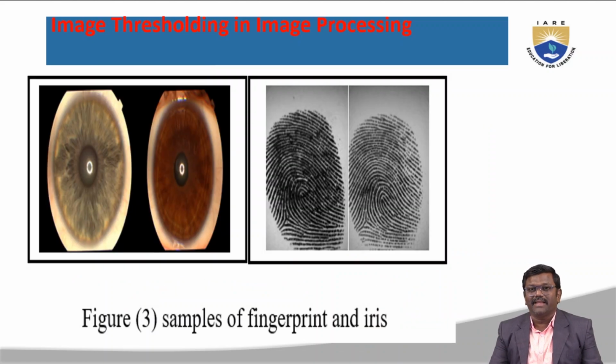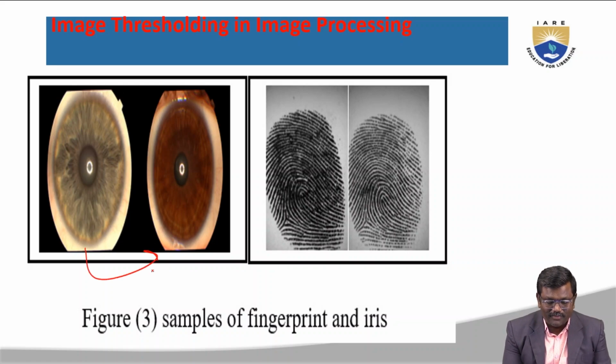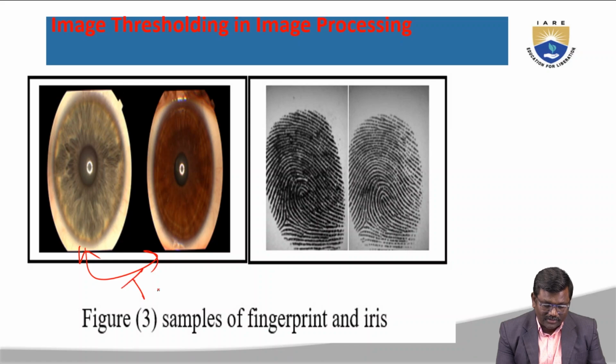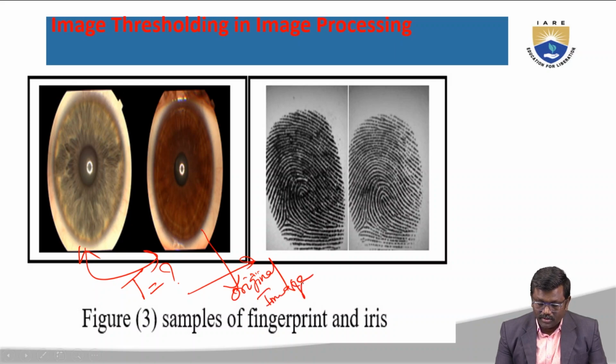I am also concentrating on other examples, such as samples of fingerprint and iris. Sometimes you want to process the same image, one subgroup against another. What do I mean by comparing one by another? Based on your defined threshold value, you have your original image, and you compare to see which one is original.